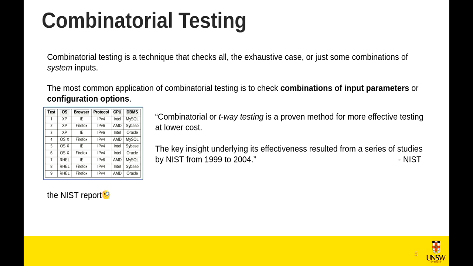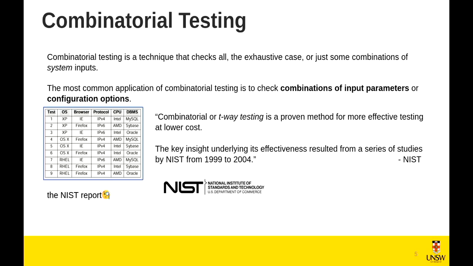And why it uses XP as example here is because this report was written in the early 2000s, and it took 5 years for NIST to do this report for combinatorial testing. They were spending a lot of effort into this. And if you wonder what is NIST, it's actually the National Institute of Standards and Technology of the US government.